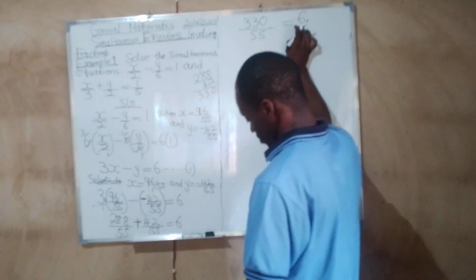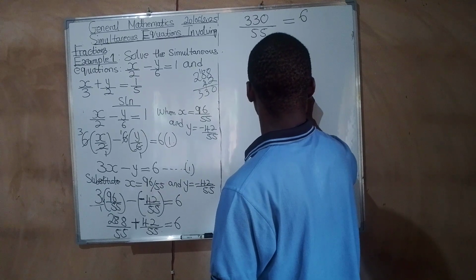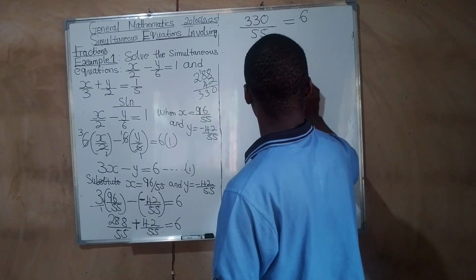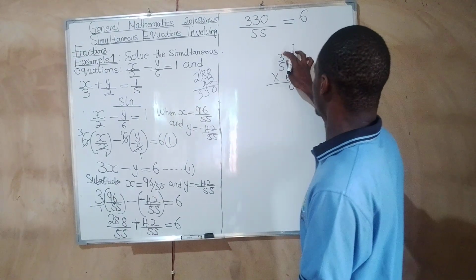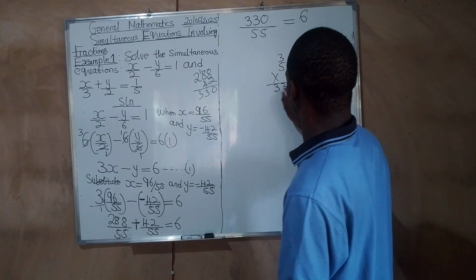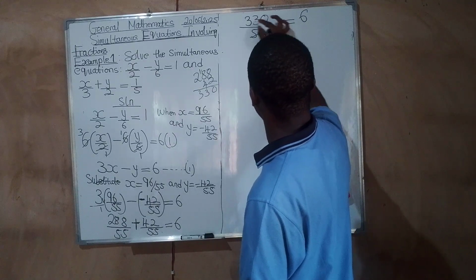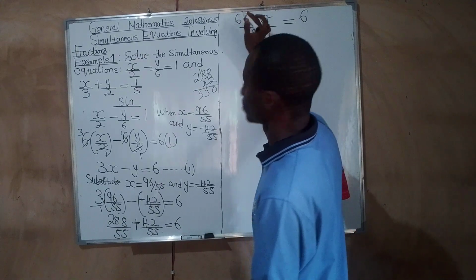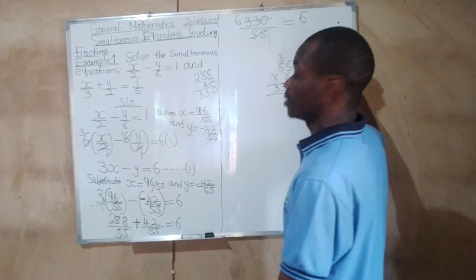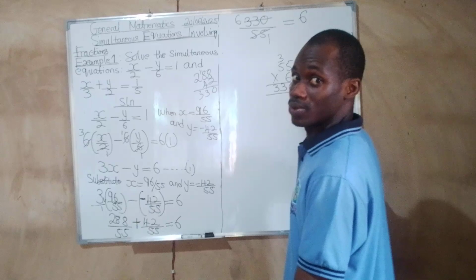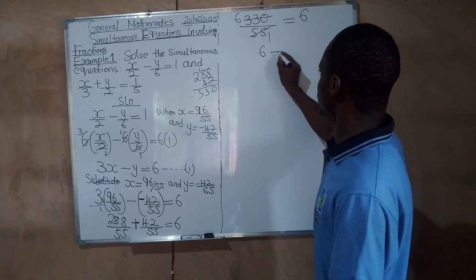So 6 times 5 is 30, put down 0, carry 3. 6 times 5, 30, plus the 3 gives 33. So 55 here, 6. Then the next thing to do, you equate 6 is equal to 6.